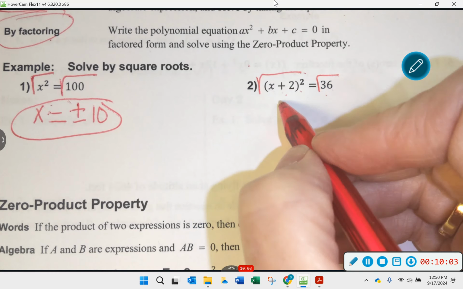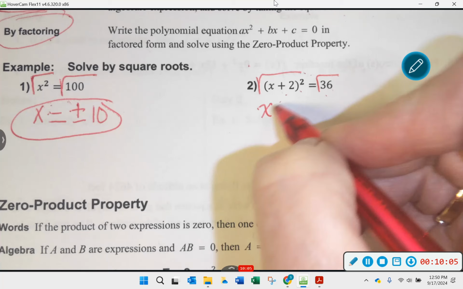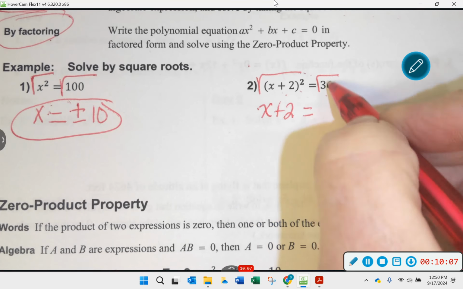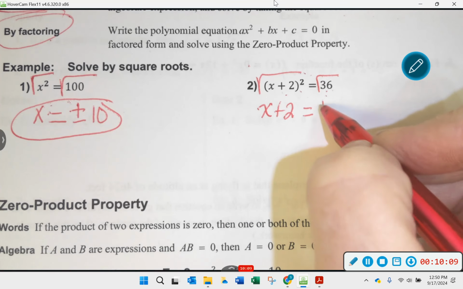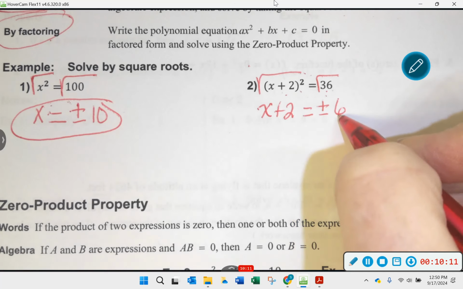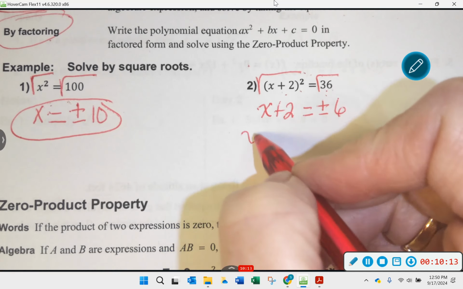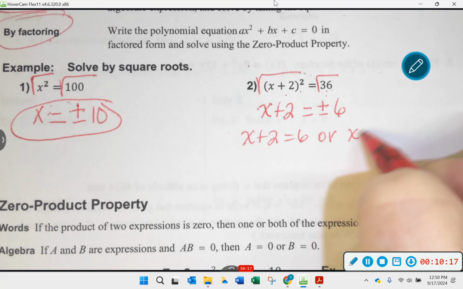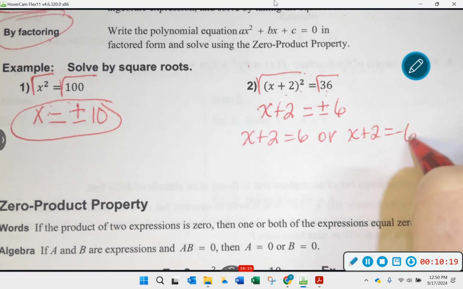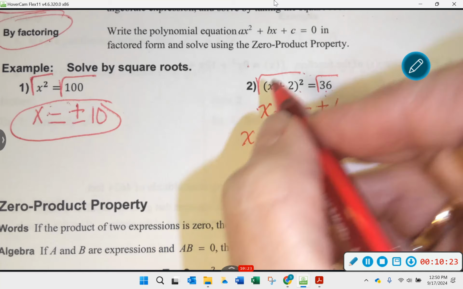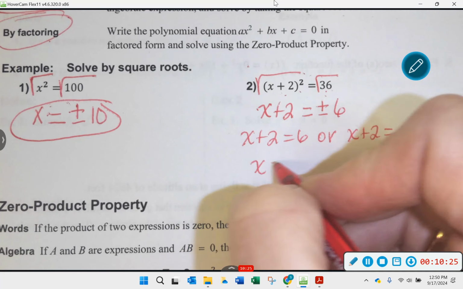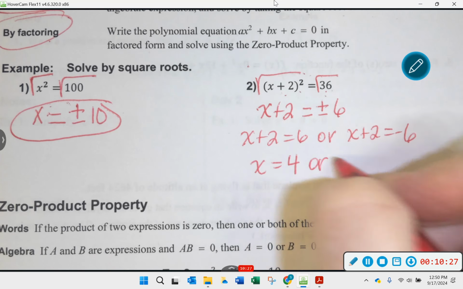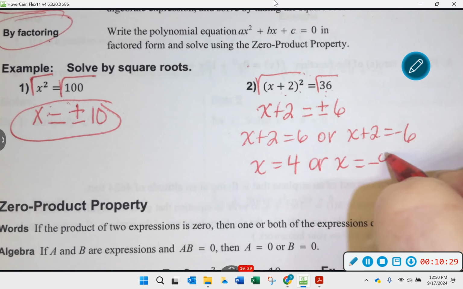The square root of something squared is just going to be the x plus 2. Over here, I have to put plus or minus 6. So now I have to say x plus 2 can be 6, or x plus 2 can be negative 6. And so now solving this, I'm going to get x could be 4, or x could be negative 8.